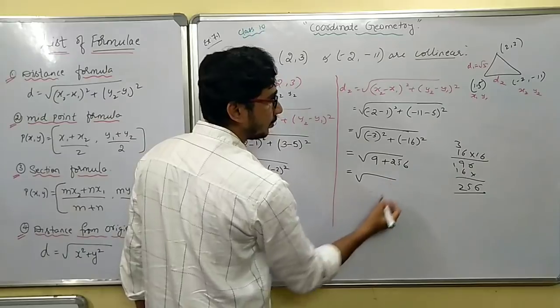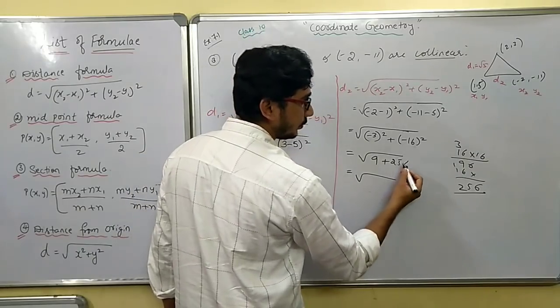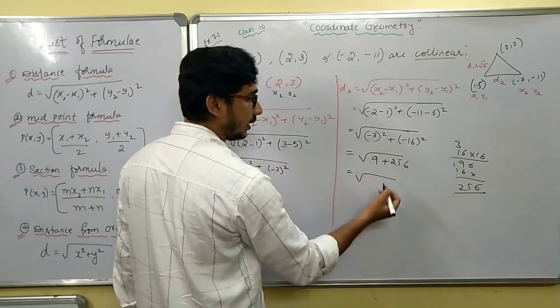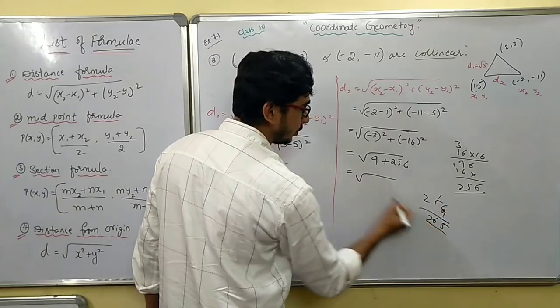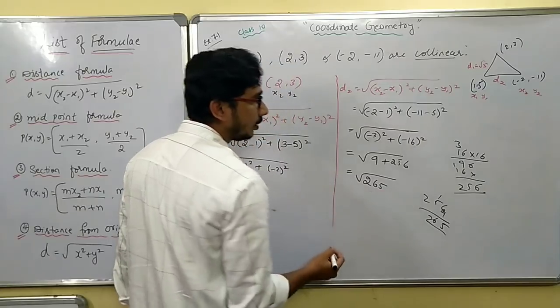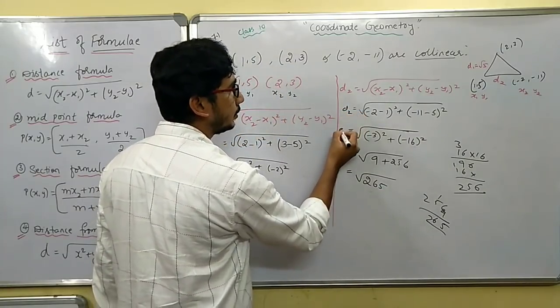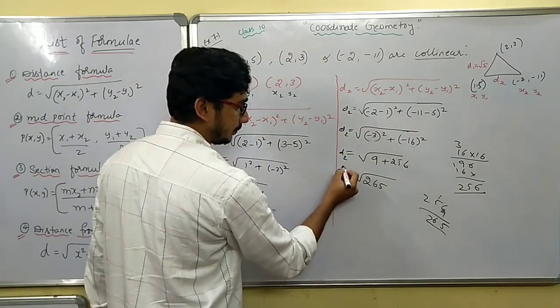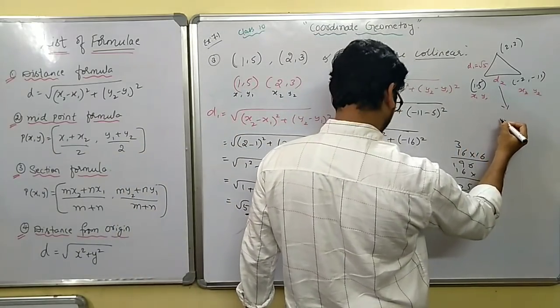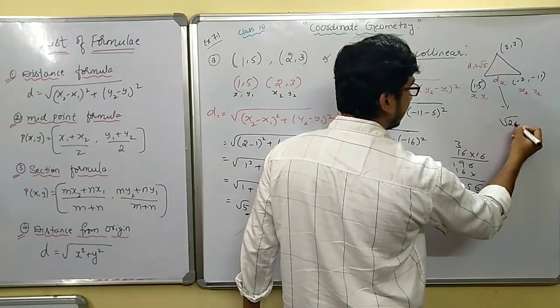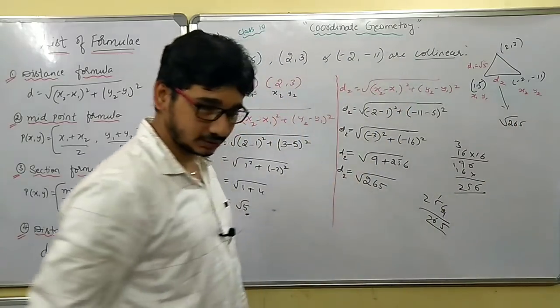If you add this to 9, how much will you get? 256 plus 9: 5, 1 carry, 6, 2. 265. Okay, this we call the distance d2. So I should write here, how much distance? Root 265.